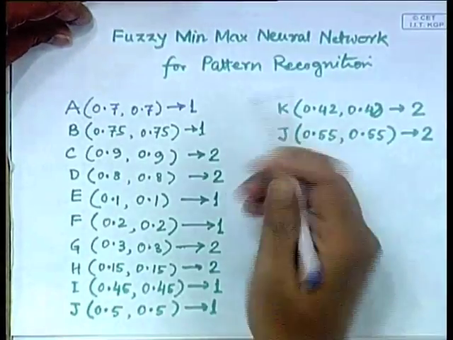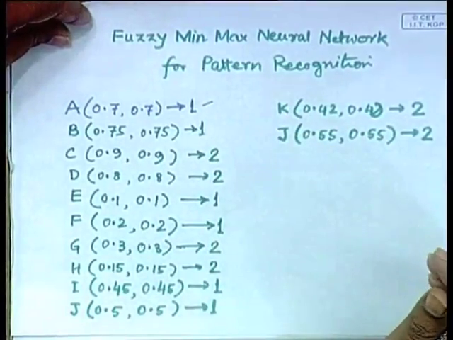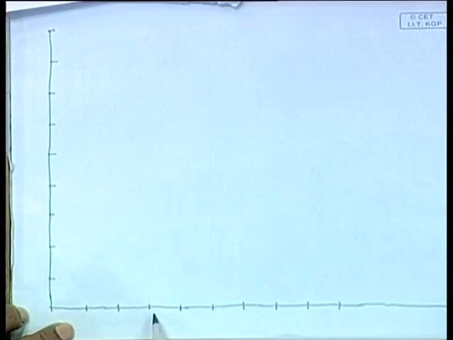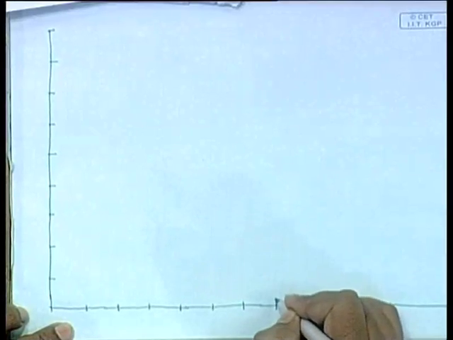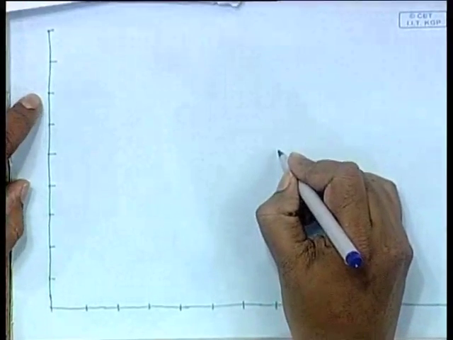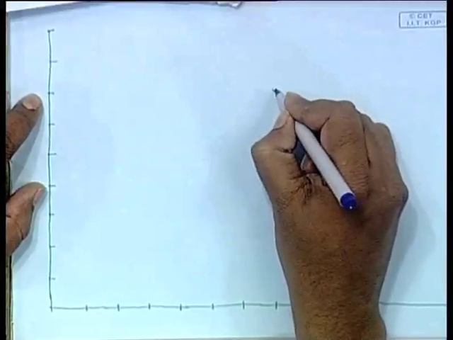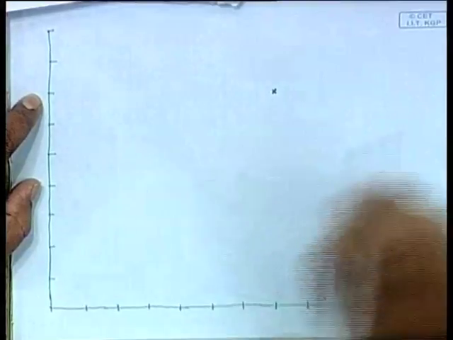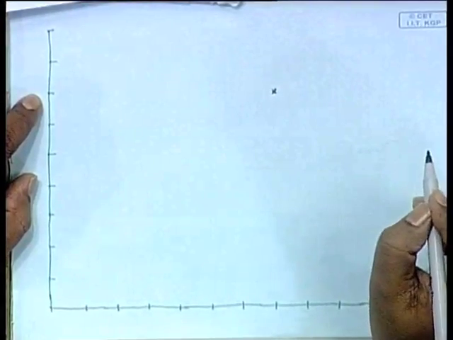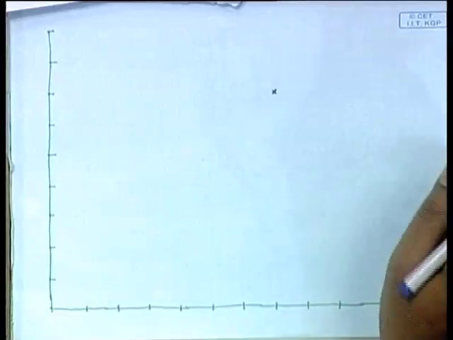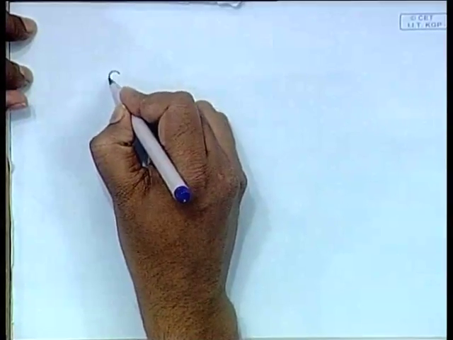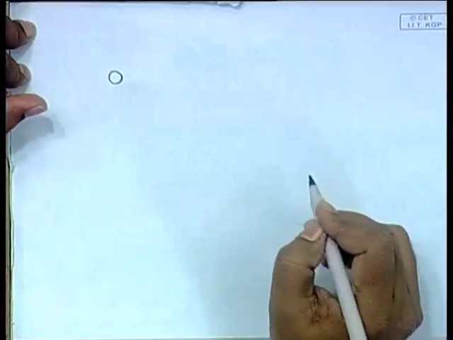If I take the first point, that is 0.7, 0.7, it comes somewhere over here, that is this point. Whenever we have a training feature vector, we construct one neuron in the middle layer of our fuzzy min-max neural network.